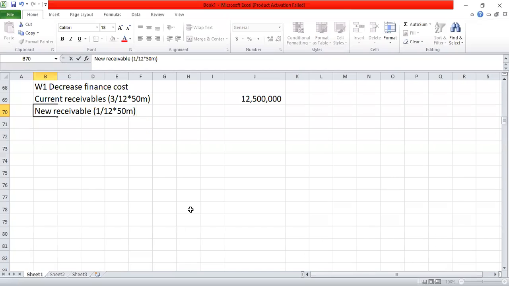But it is only 80% of the customers that are going to accept a discount, so I multiply by 80%. Then plus those customers which will remain paying in 3 months, which will be 3/12 times 50 million, and these are only 20%.